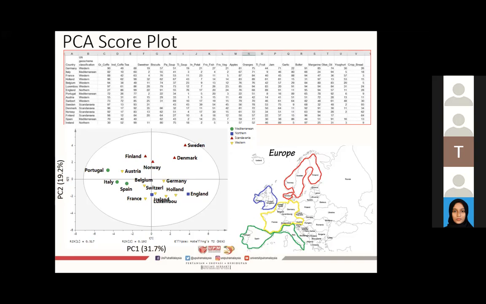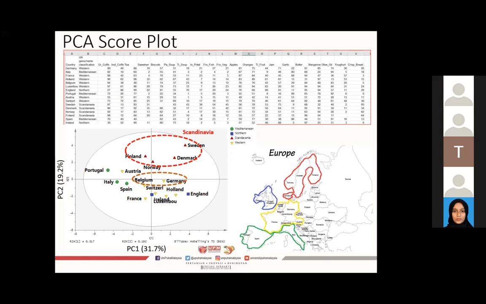Countries close to each other have similar food consumption profiles, whereas those far from each other are dissimilar. For example, the Scandinavian countries are located together in the upper right corner. These nations have similarity in food consumption. Belgium and Germany are close to the center of the plot, and this indicates they have average properties.